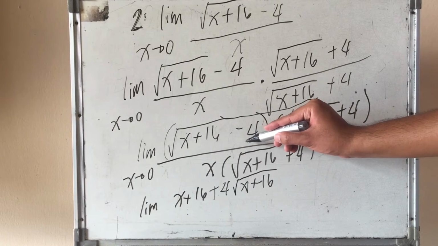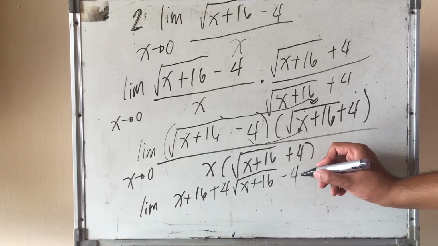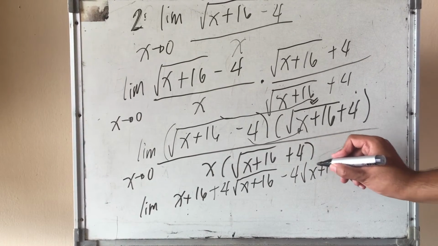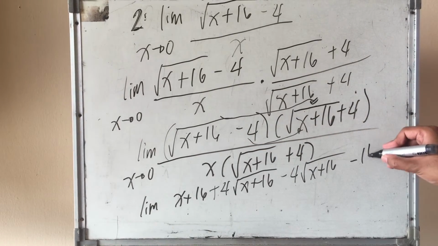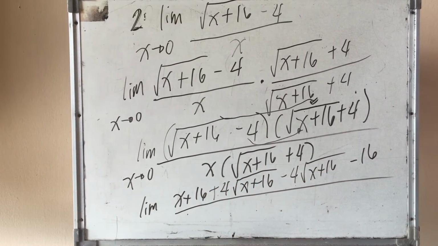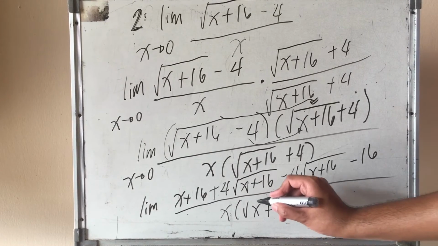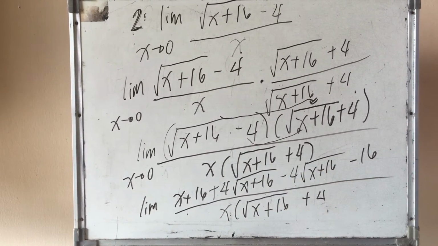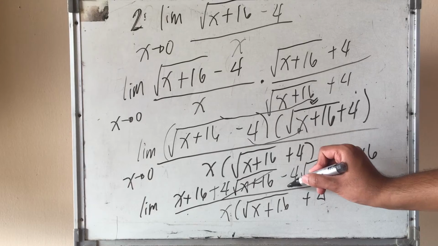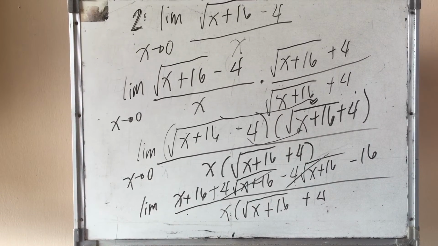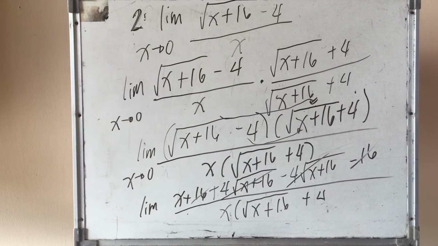Next term, negative 4 times square root of x plus 16 is equal to minus 4 square root of x plus 16. Negative 4 times 4 is equal to negative 16, divided by x times square root of x plus 16 plus 4. So cancelling out 4 square root of x plus 16 and negative 4 square root of x plus 16. And also we can cancel out 16 and negative 16.